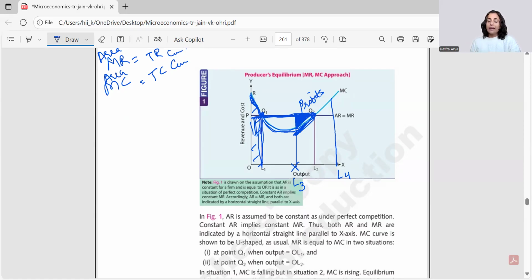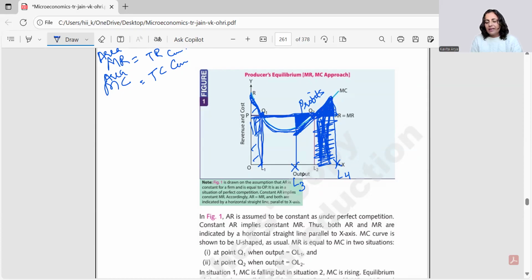Another case: what if he continues till L4 and doesn't stop at L2? Try and understand, what is this triangle giving you? The whole area under MC is TC, and this area is TR. It means this is the loss area.